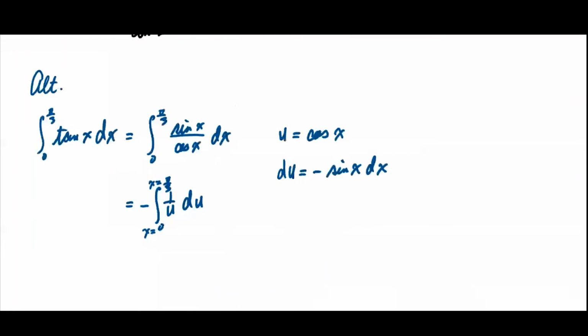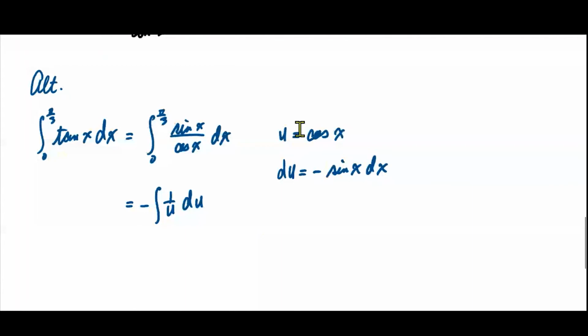Instead of saying x is equal to 0 and x is equal to pi over 3, why don't we just change these guys as well? See, we made a change of variable. Instead of x, now we are using u. So the question is, x varies from 0 to pi over 3. What does u vary from and to?